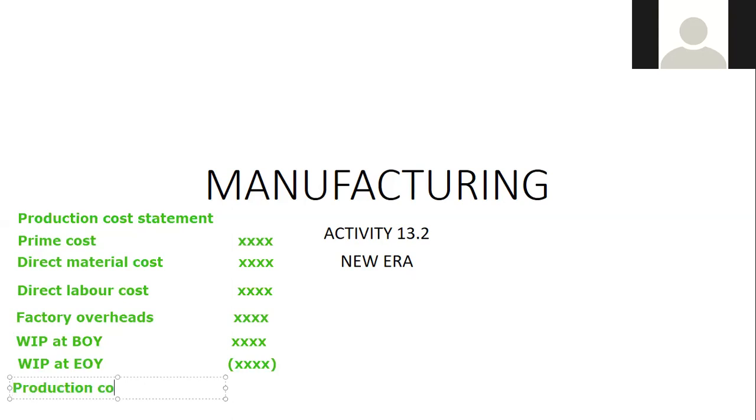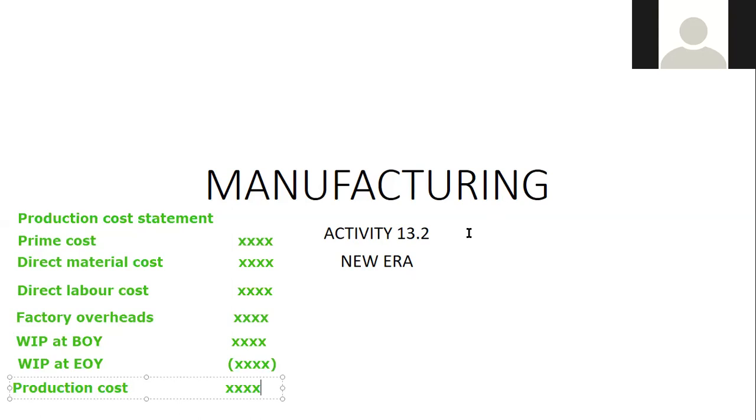Now, they're very smart about this. Sometimes they don't give you production cost. And if they don't, what are you going to do? Wouldn't we work it out with the values that they gave us? You will have to work it out.